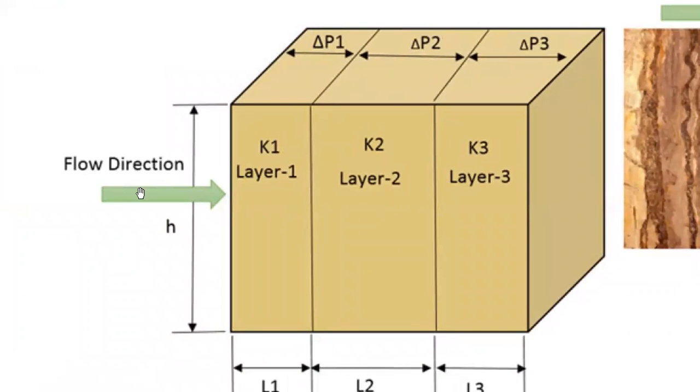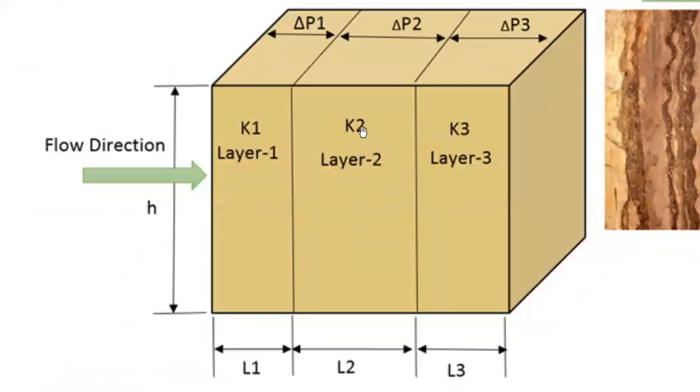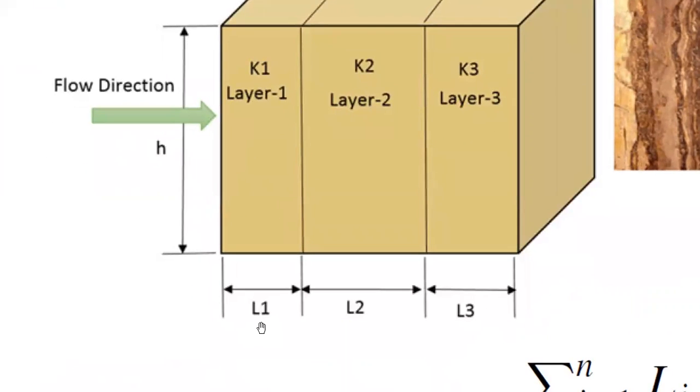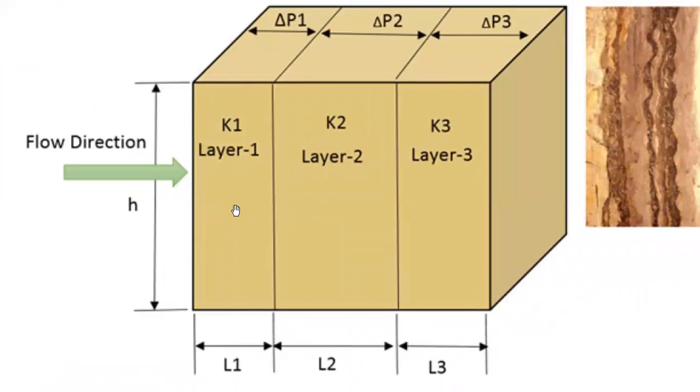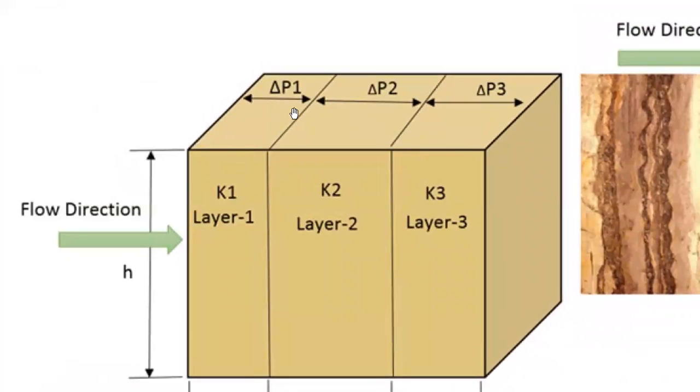Flow direction is from the left to the right, linearly. You have layer 1, layer 2, layer 3, K1, K2, K3, lengths L1, L2, L3, with the same thickness, but of course they will experience different delta P. So you have delta P1, delta P2, delta P3, okay?